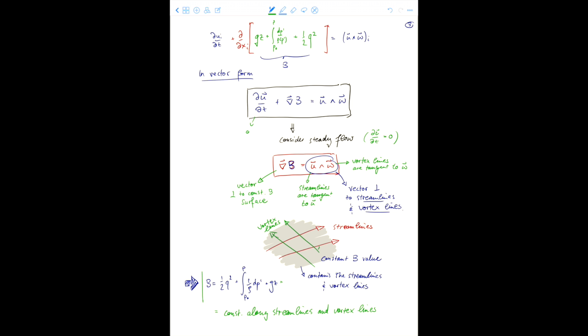And this thing is what we call the Bernoulli equation. In what sense it's useful, we will look at that with a couple of examples later. So it holds for barotropic, inviscid, steady flow.